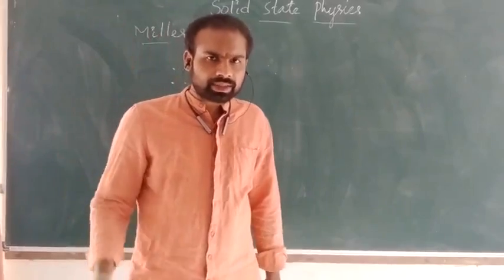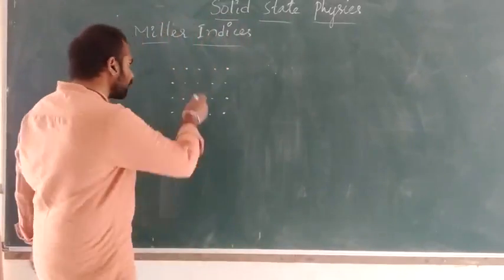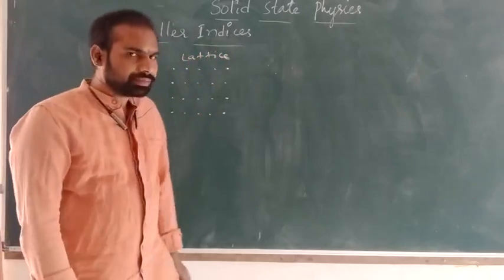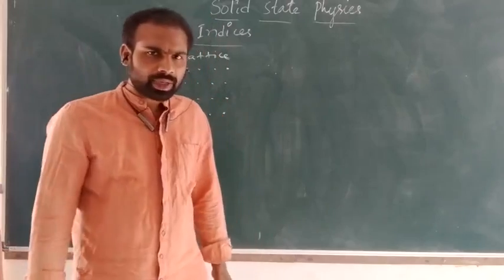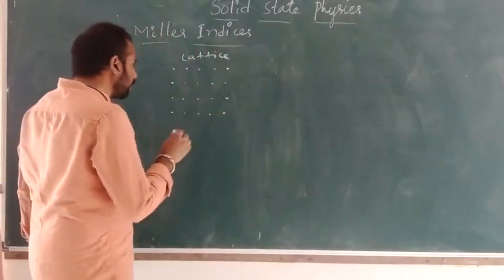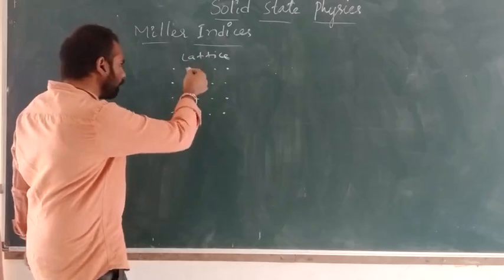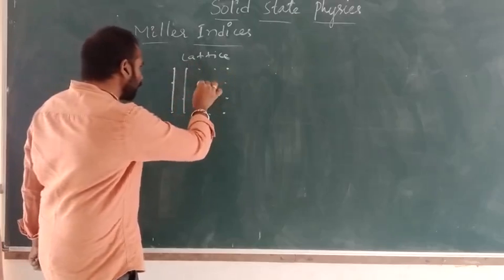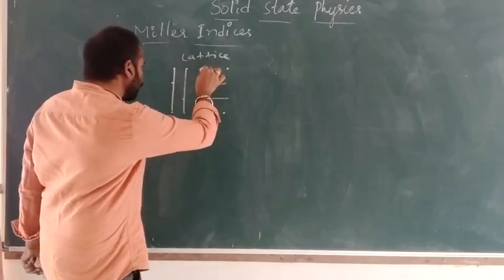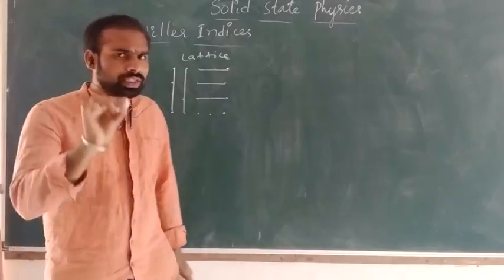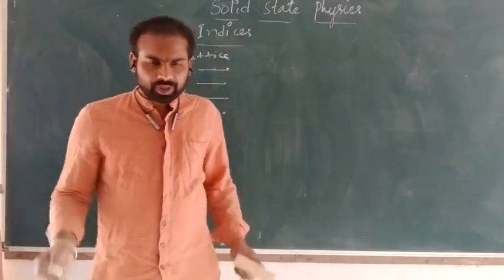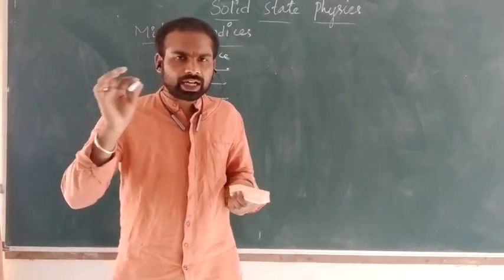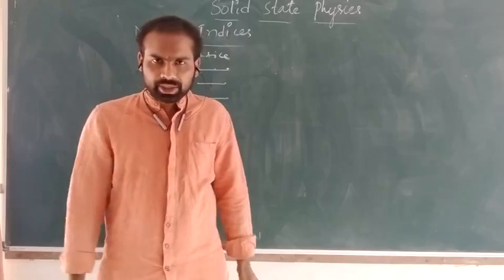Before going to Miller indices, if you take some lattice points in space, we can make so many planes using these lattice points. There are different kinds of planes. We already know what lattice points are: a regular arrangement of points in three-dimensional space.